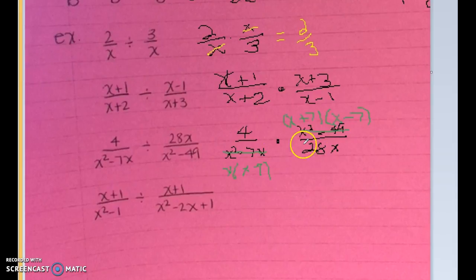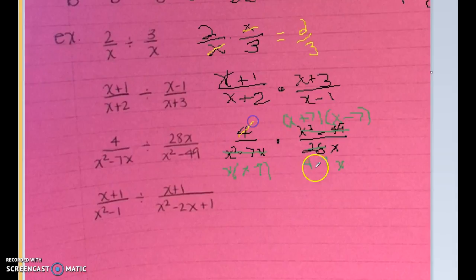And 28 we can change to 4 times 7 and still have our x. Now we have some common factors we can divide out.